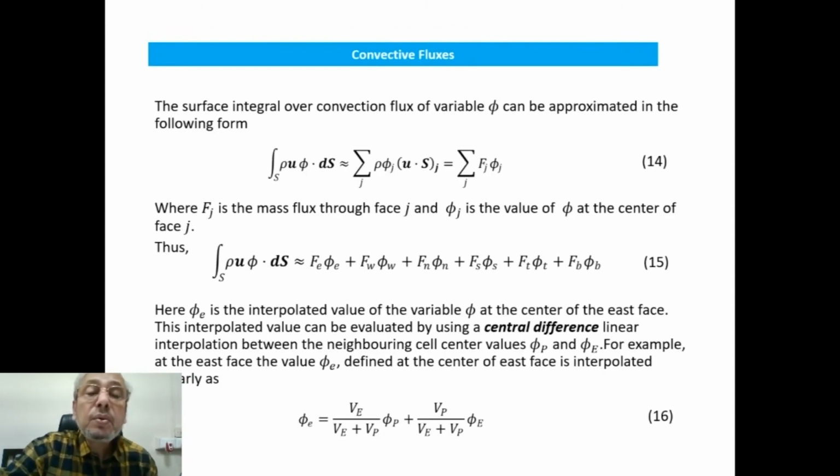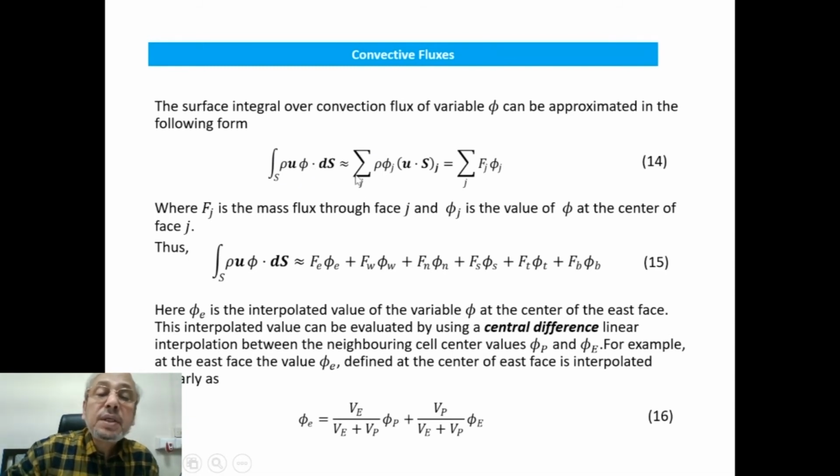Now we go to the convective fluxes. The surface integral over the convection flux of variable phi, through all the confining surfaces, can be approximated as the integral over the surfaces of rho u phi dot dS.